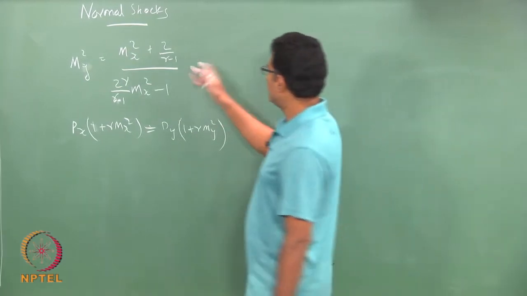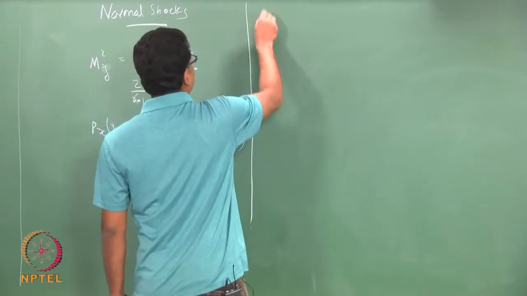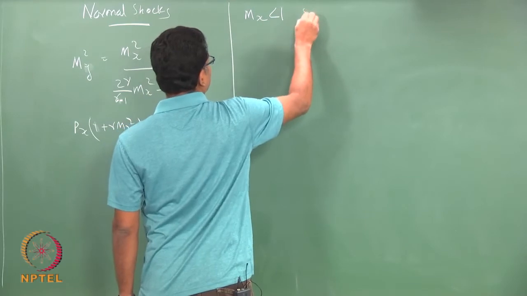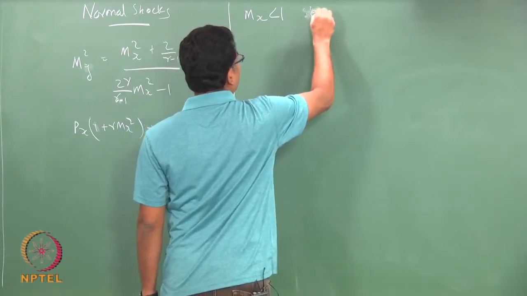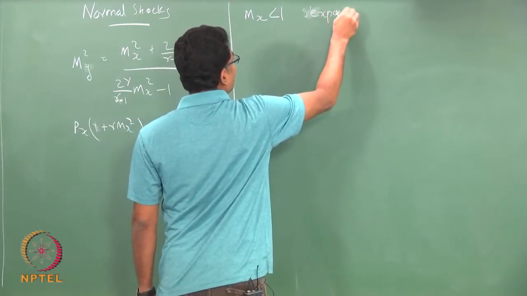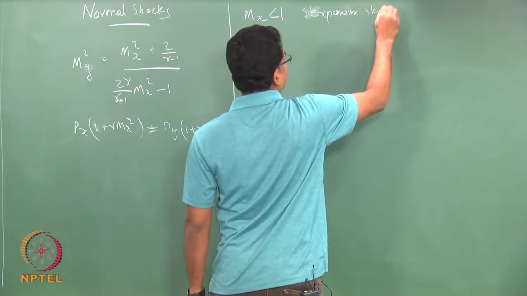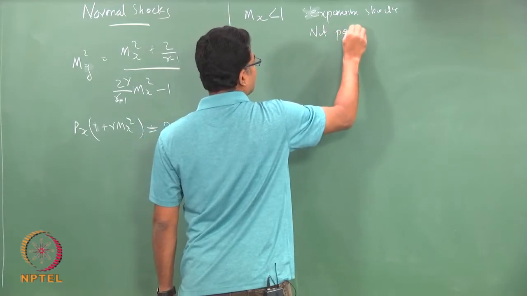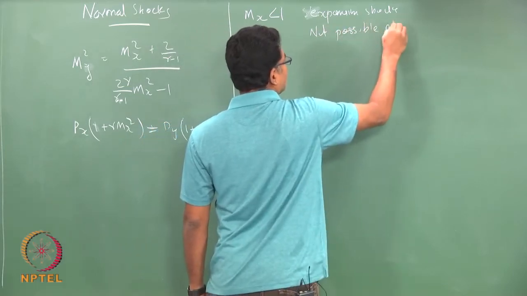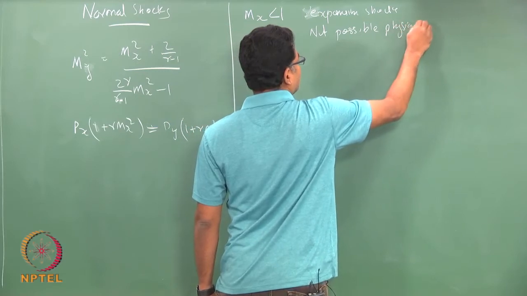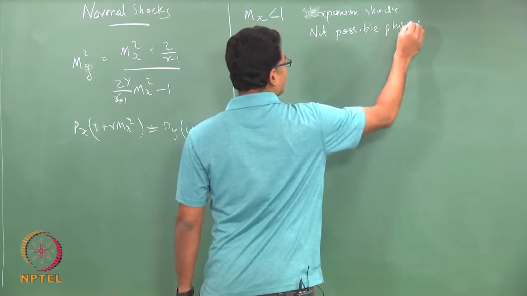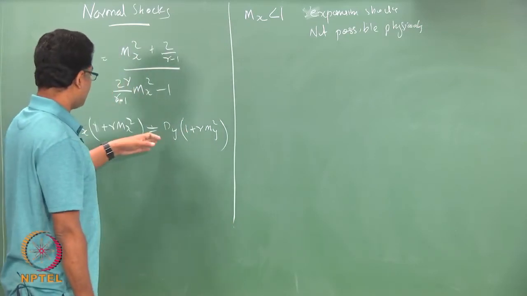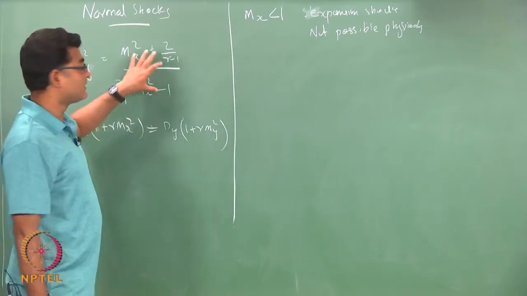So, we were trying to see why Mx less than 1 expansion shocks are not possible physically, even though the solution exists in this particular equation.